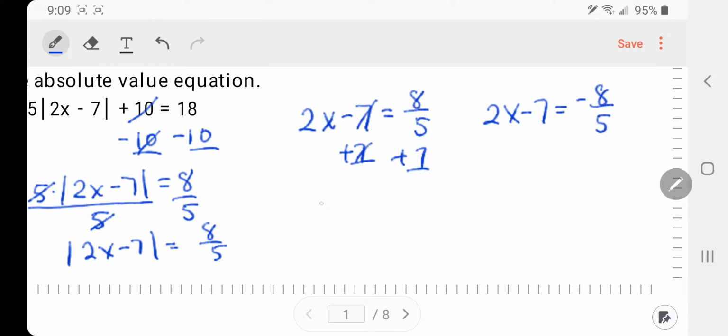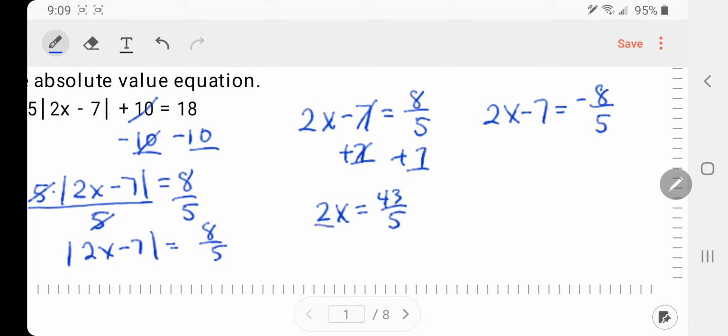Negative 7 plus 7 cancels, gives me 2x equal to 8/5 plus 7. And if you're like me, you're going to have to use your fancy calculator. 8/5 plus 7. That's going to give me 43/5.